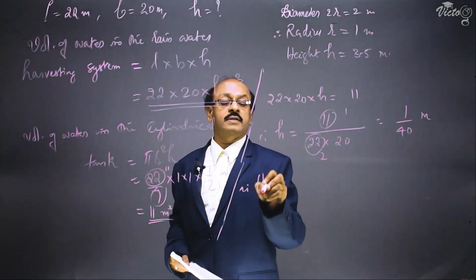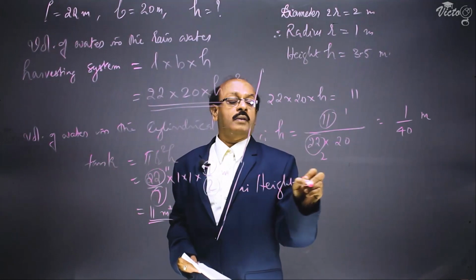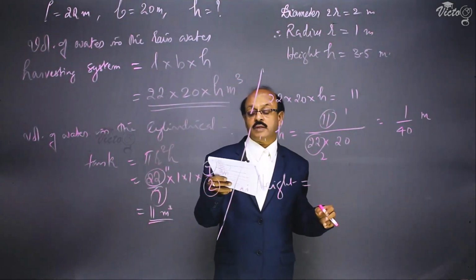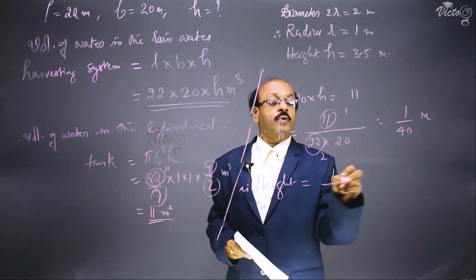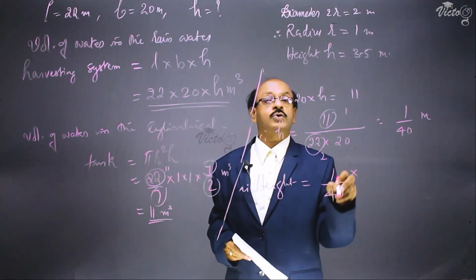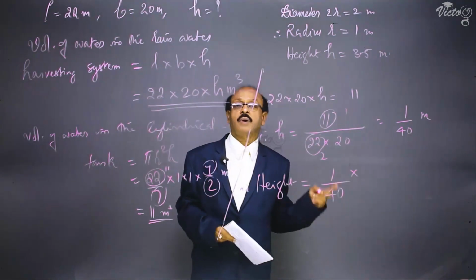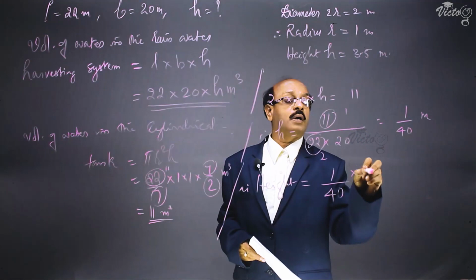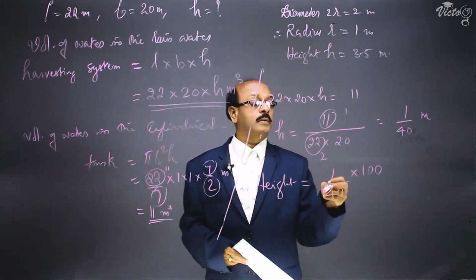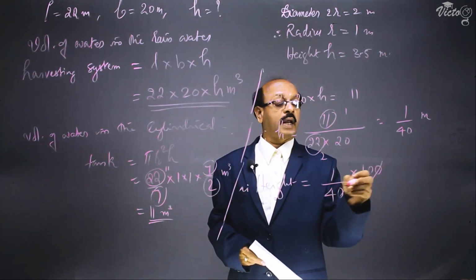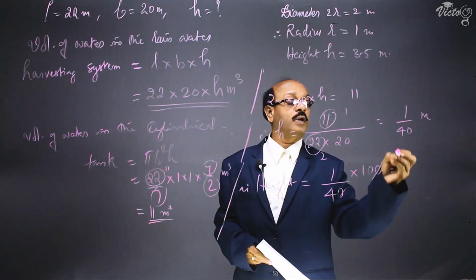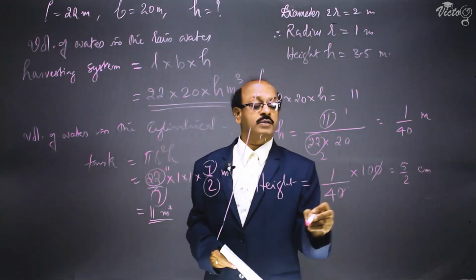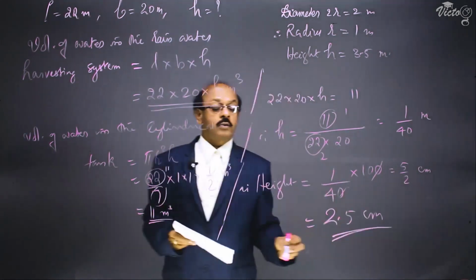That means height is equal to, they required in the question that we have to write the answer in terms of centimeter. 1 by 40 meter. To convert meter into centimeter, we have to multiply the answer by 100. 10 by 4, which is equal to 5 by 2 centimeter. That means 2.5 centimeter.